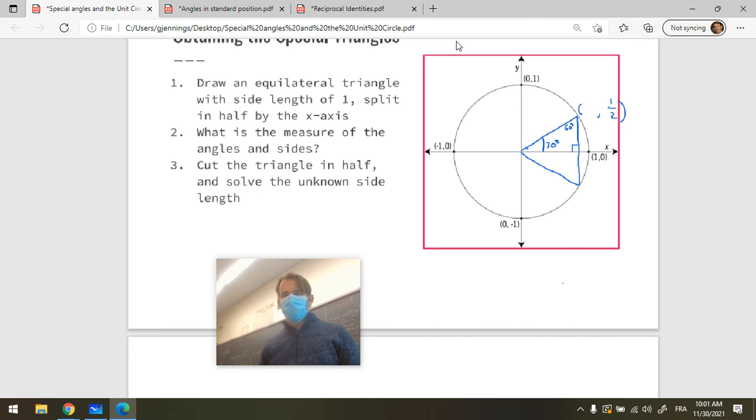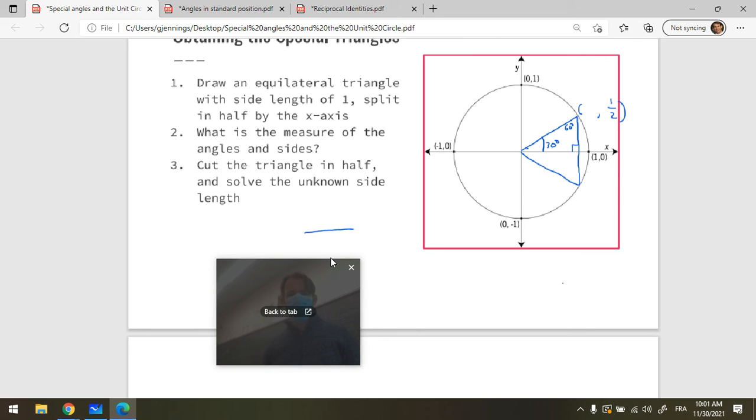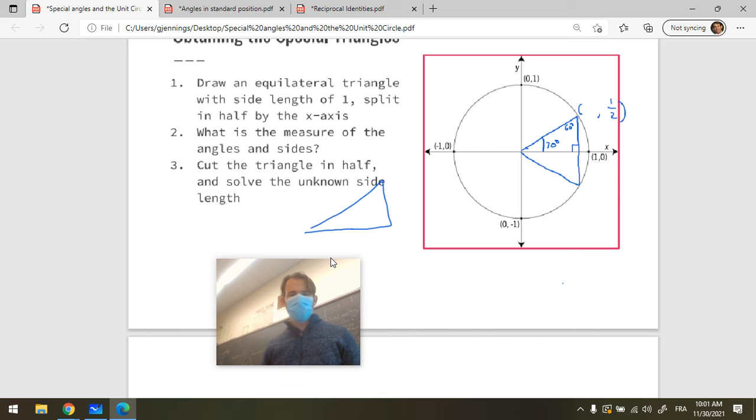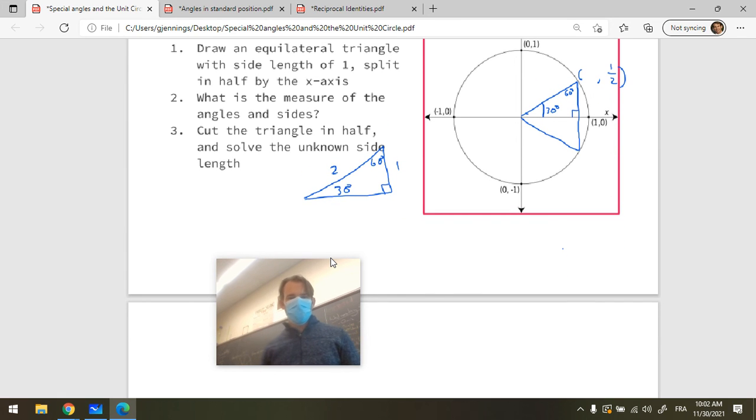And then if this is 1/2 and this is 1, we can create a scaled up version of that. I'm just going to double the sizes. So this is now 2 long, and this would be 1. And if I want to know the other missing side of this 30-degree, 60-degree triangle, what would the length of this side be? Square root 3. So here, I would have to use a squared equals b squared plus c squared.